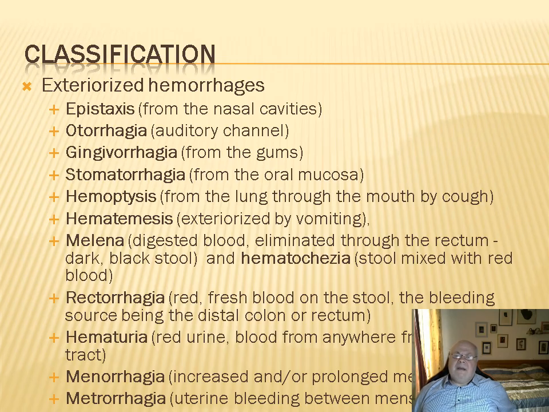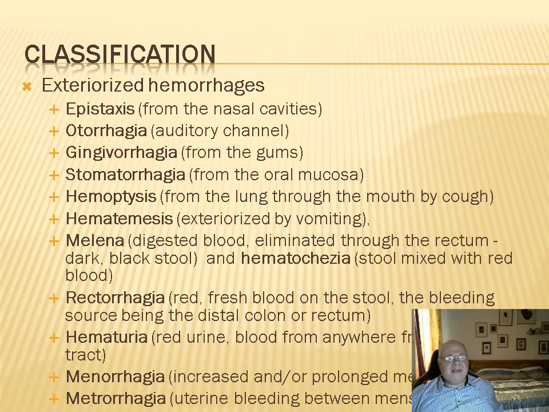Exteriorized hemorrhages are hemorrhages happening somewhere inside the body, in a cavity which is connected with the surface by some channels. And not immediately, but in time, sooner or later, the hemorrhage in the cavity will be exteriorized outside. This exteriorization has different names according to the location.